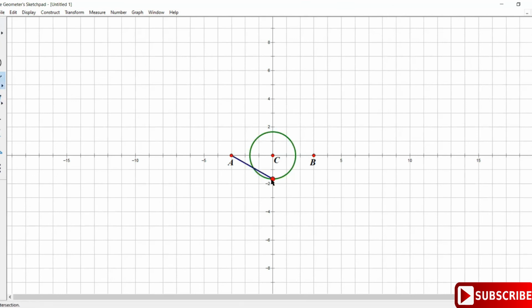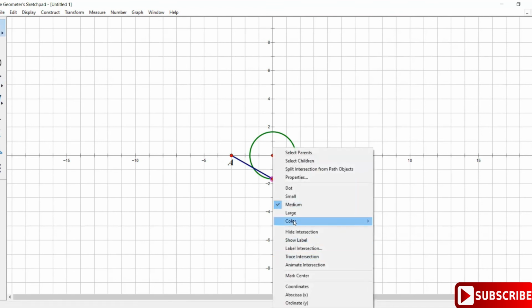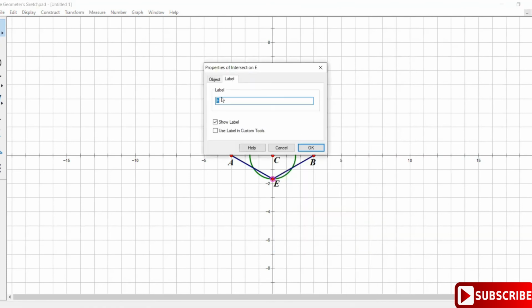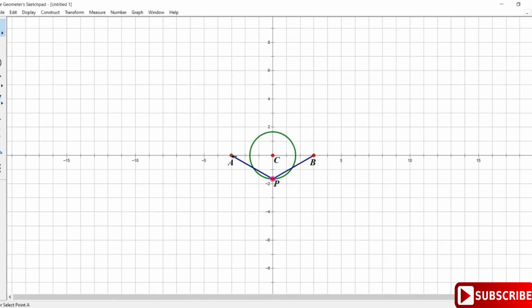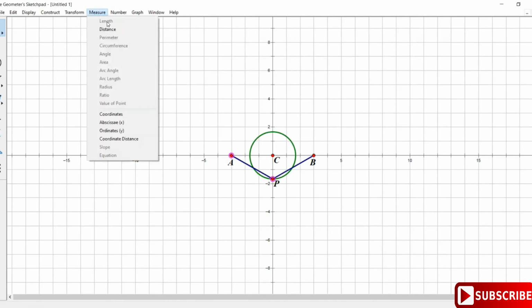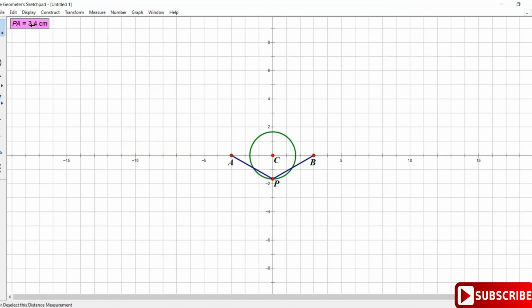So that would be the distance from A to P. This would be the distance from B to P. So I'm just going to label this point as P. Now I'm going to measure the distance from A to P. Now the distance from A to P is 3.4.